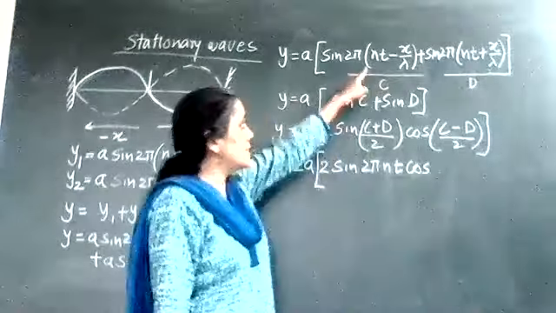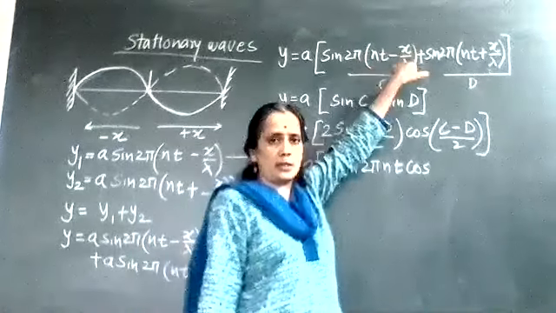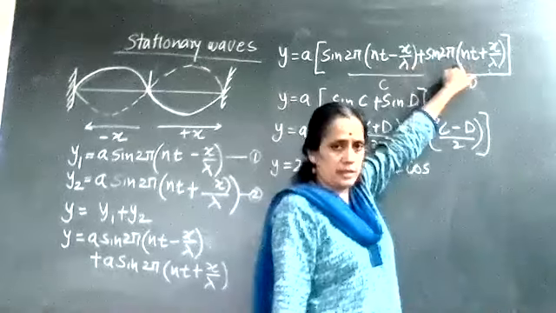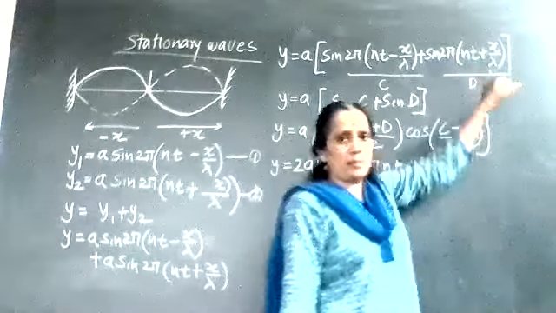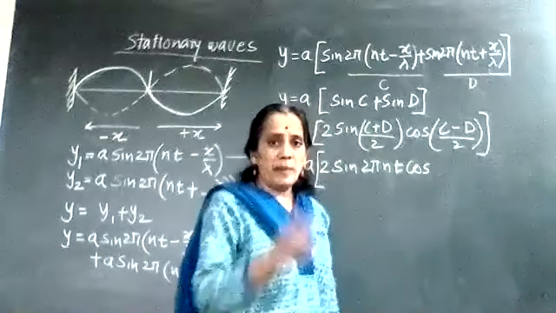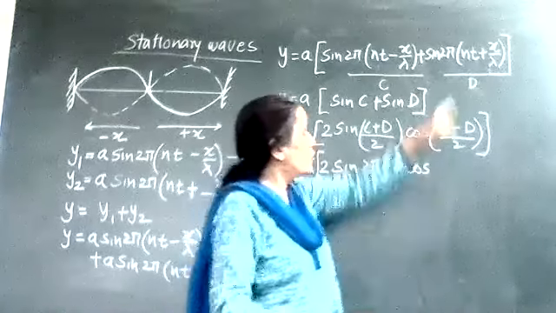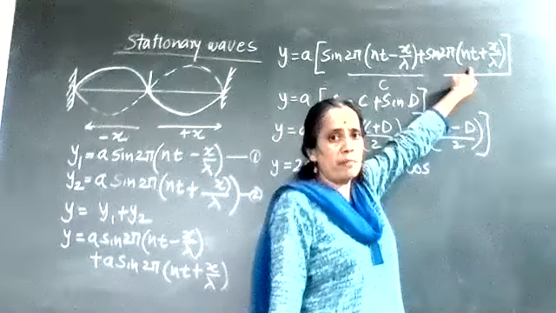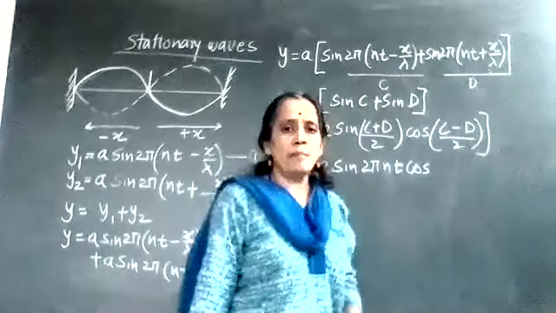What is the thing? c minus d. c is 2 pi into bracket nt minus x upon lambda minus 2 pi into bracket nt plus x upon lambda. So the middle sign is minus, so that minus sign gets multiplied inside. So your nt term will become minus and plus x upon lambda will become minus.